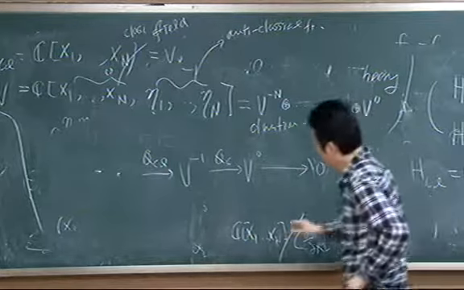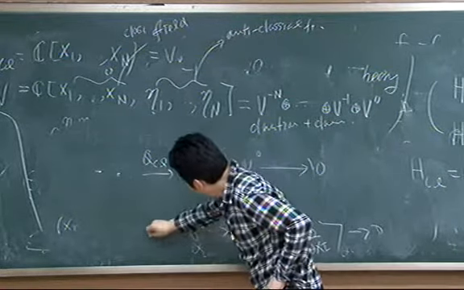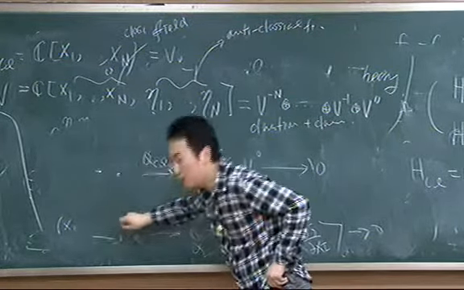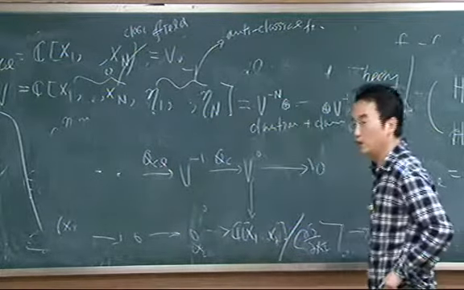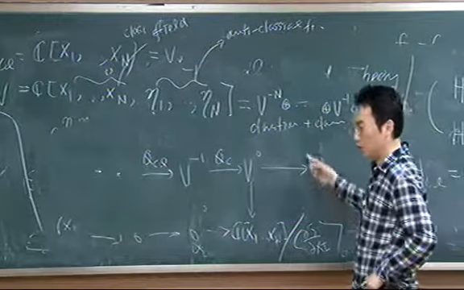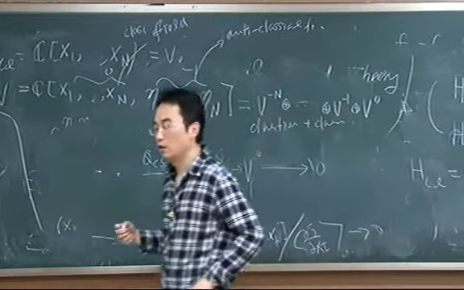Okay, and let's regard this as a chain complex with zero differential and so on. Then by taking cohomology, I have this map, and these two cochain complexes are quasi-isomorphic.